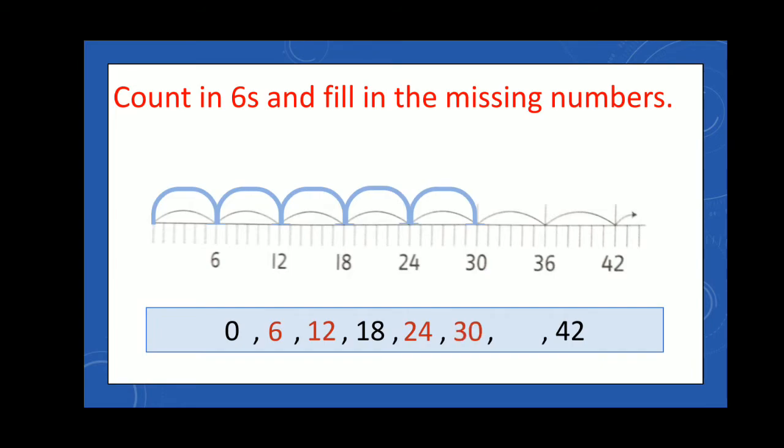So here we will write the missing number 36. At last, he reaches number 42. So finally, Bunny comes to his destination. This is how you have to count in sixes.